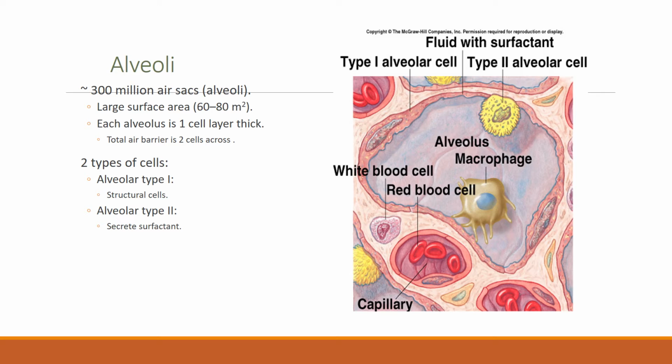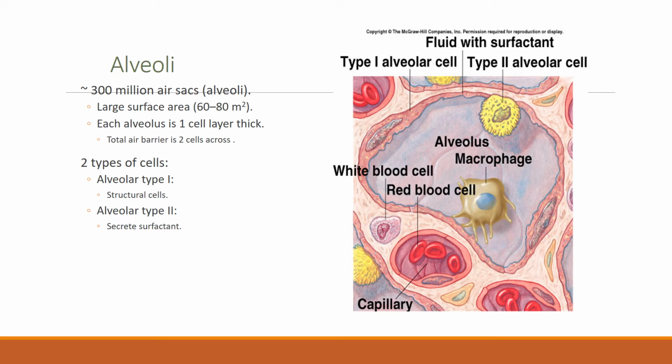Alveoli are going to be polyhedral in shape and be clustered like units that resemble a honeycomb. We have over 300 million air sacs, which are the actual alveoli. These have a large surface area of about 60 to 80 meters squared, or 760 square feet.